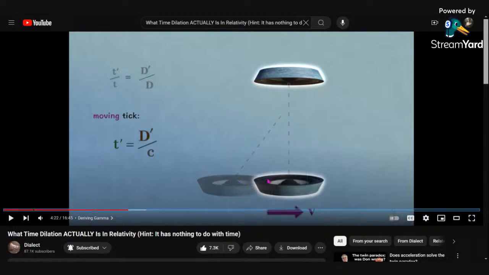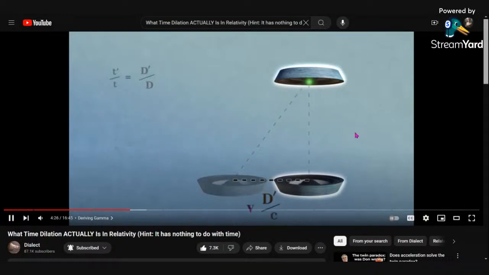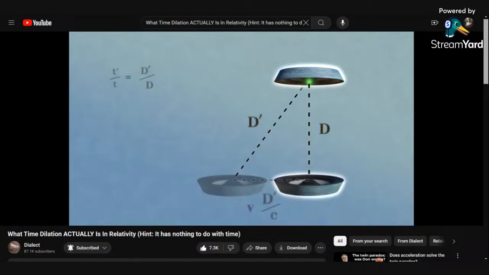So this is d prime over c times v. The clock itself will have traversed a distance v times d prime over c. Right, it's v times t prime. That's good. We can now see that d prime, and v times d prime over c all form a right triangle. Yes, it's a right triangle.